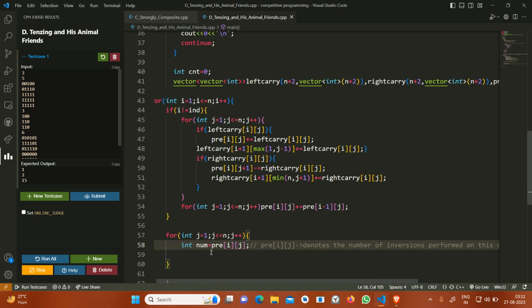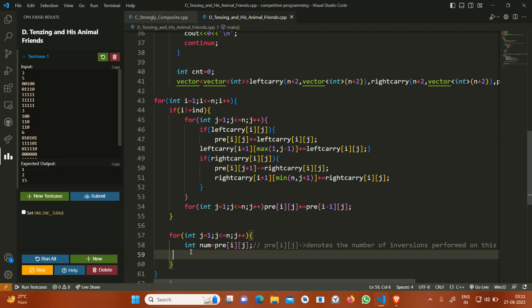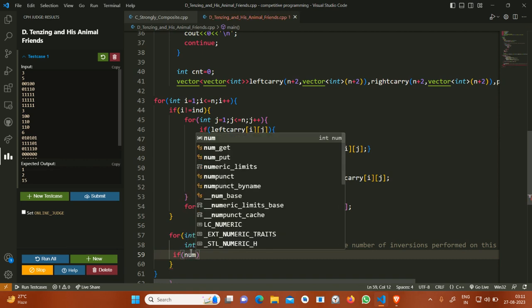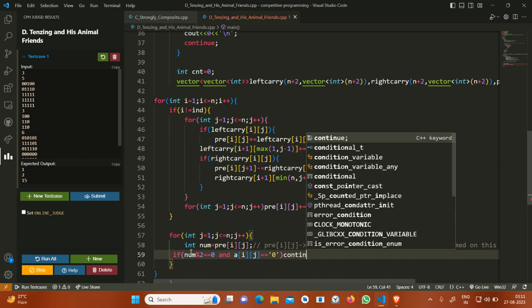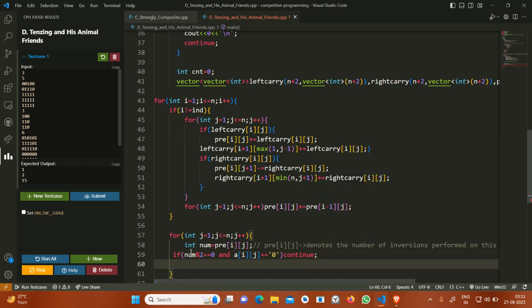Okay. So when is there a requirement? Suppose num modulo 2 equals 0 and a i j is already 0, so there would not be a requirement to perform the operation. In that case I would just continue.